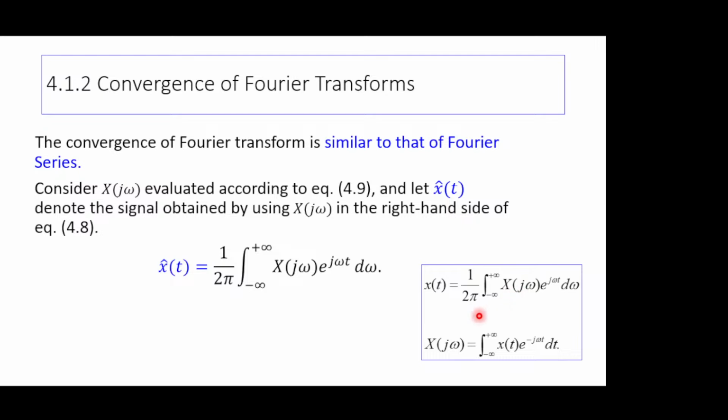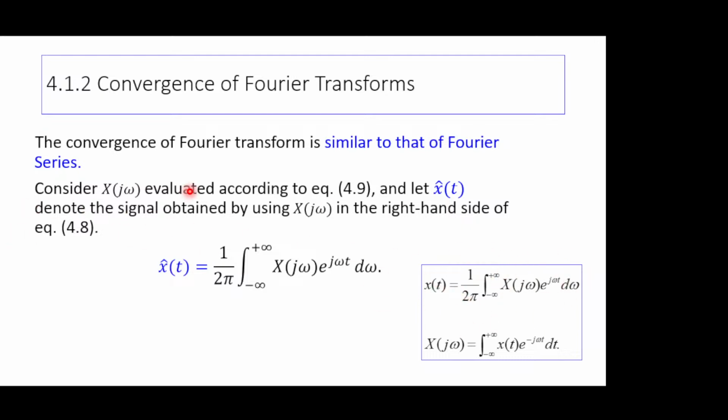Our signal starts with x of t, and we can calculate big X of j omega by this equation, which I believe is called 4.9. Then you can calculate x of t back from your big X of j omega by doing this integration, which is 4.8. Okay, so there are issues. Sometimes big X of j omega just doesn't converge, and sometimes even if big X of j omega converges, when you calculate back to x of t, it's not the same function.